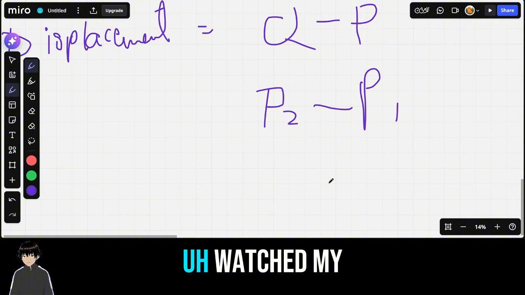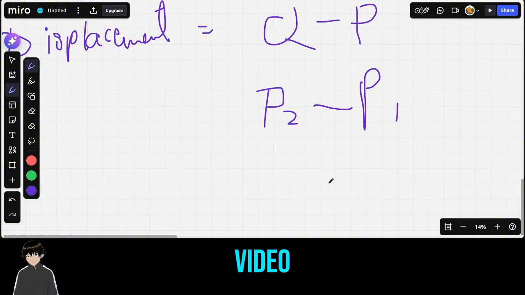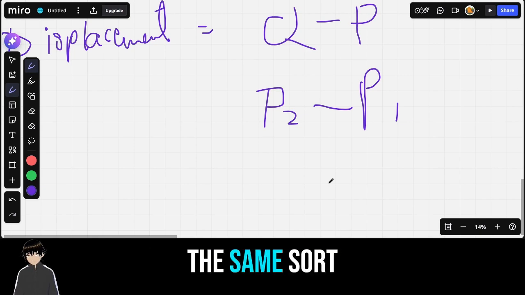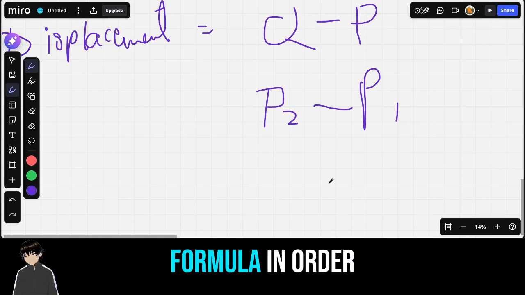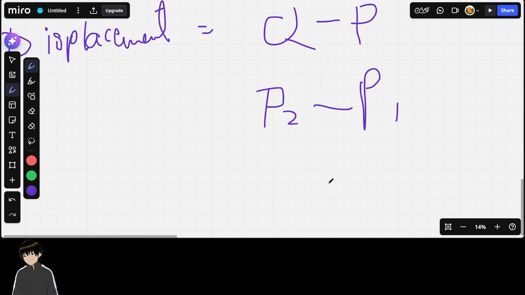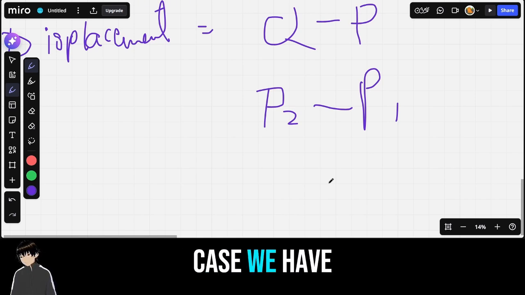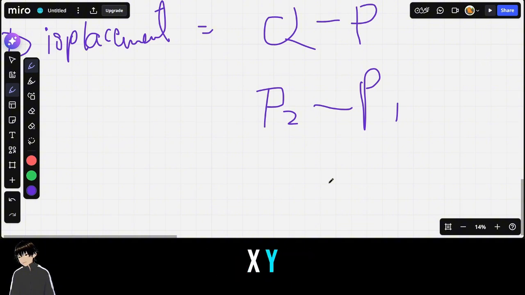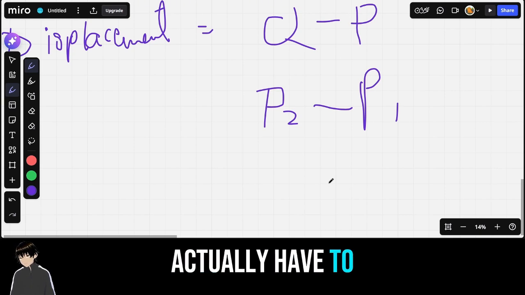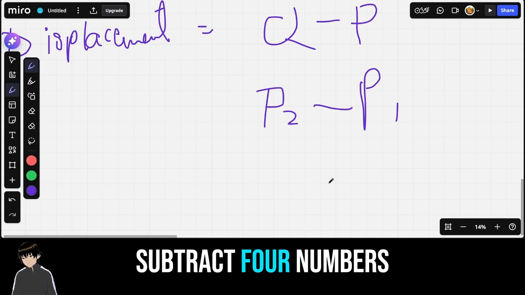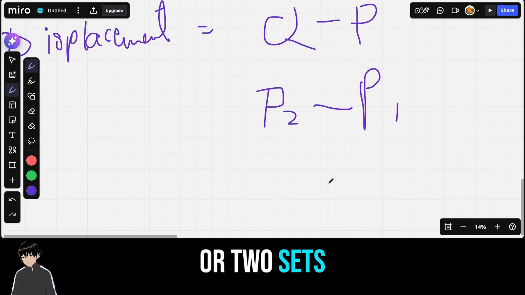If you watched my vector equations video, this is the same equation or formula in order to get the vector. But in this case, we have points, so we have x and y on both points. So you actually have to subtract 4 numbers, or 2 sets of 2 numbers.